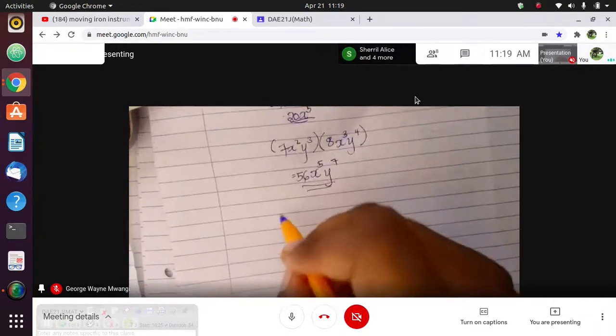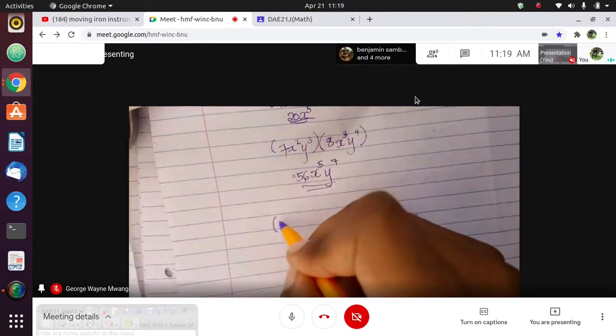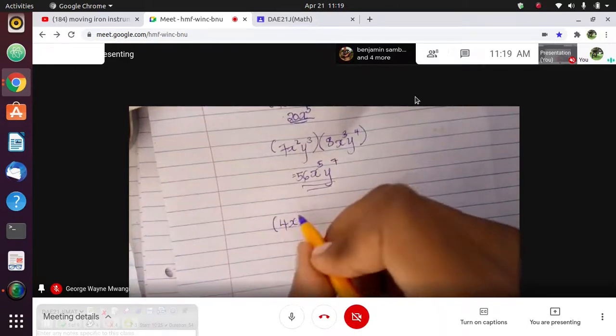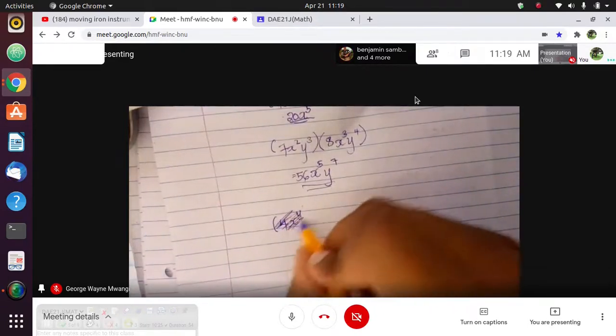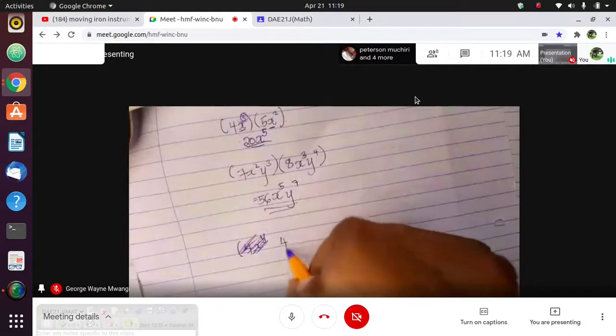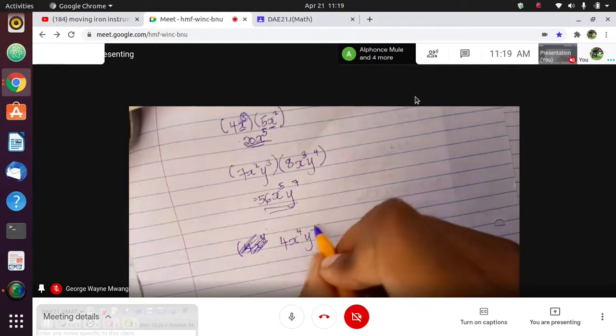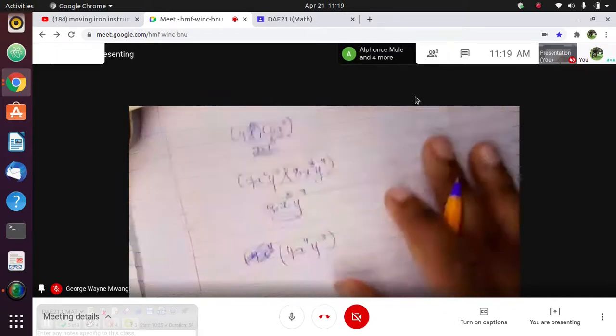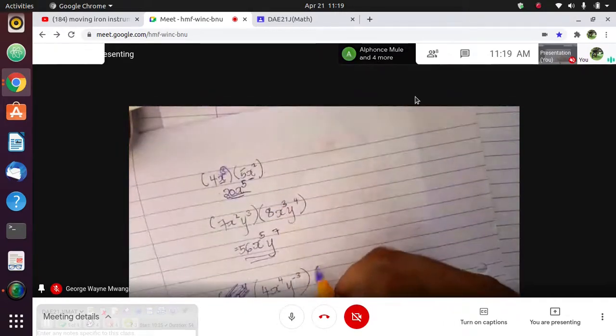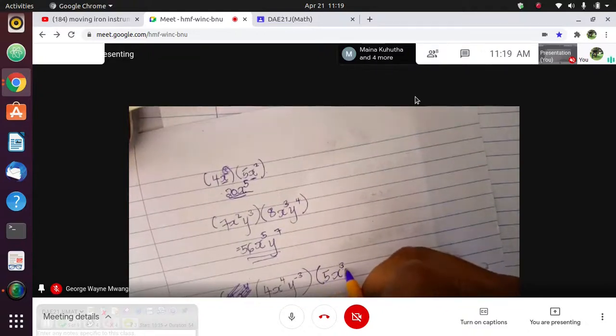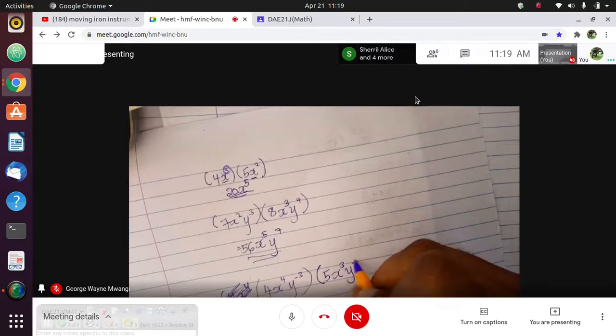Okay. Now, the final example in terms of multiplying bases. Multiplying variables raised to an exponent. We have 4x raised to power 4 times y raised to power negative 3 multiplied by 5x cubed and y raised to power negative 5.